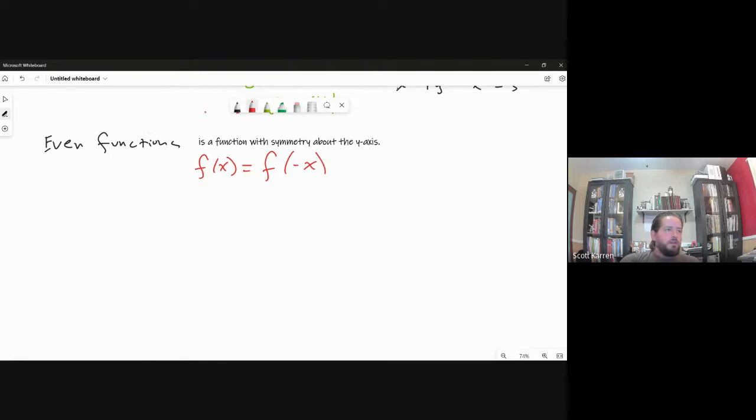And likewise, an odd function has symmetry about the x-axis. Oh, I'm sorry. No, that's not right. It's about the origin. An odd function, because if you have symmetry about the x-axis, you're not even a function. But an odd function will have symmetry about the origin.